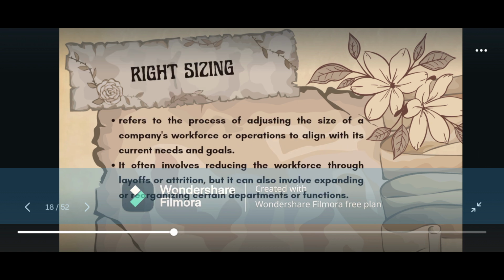Next is right sizing. This refers to the process of adjusting the size of a company's workforce or operations to align with its current needs and goals. Right sizing is an important concept in staffing and scheduling of an internal audit function. It often involves reducing the workforce through layoffs or attrition, but it can also involve expanding or reorganizing certain departments or functions.